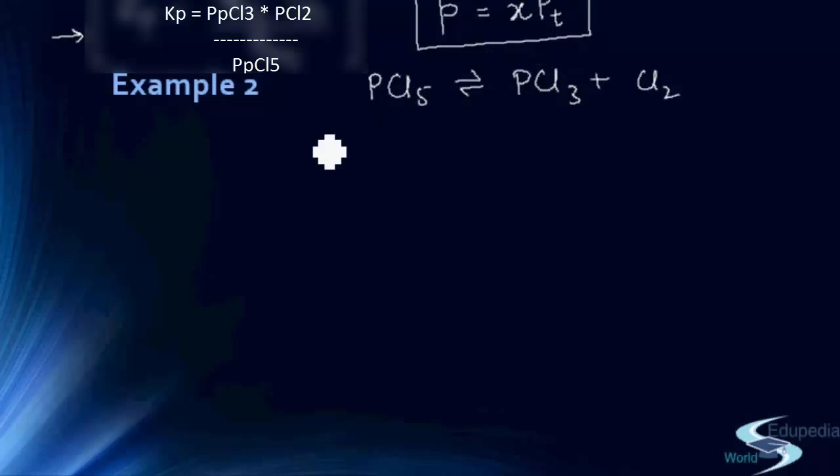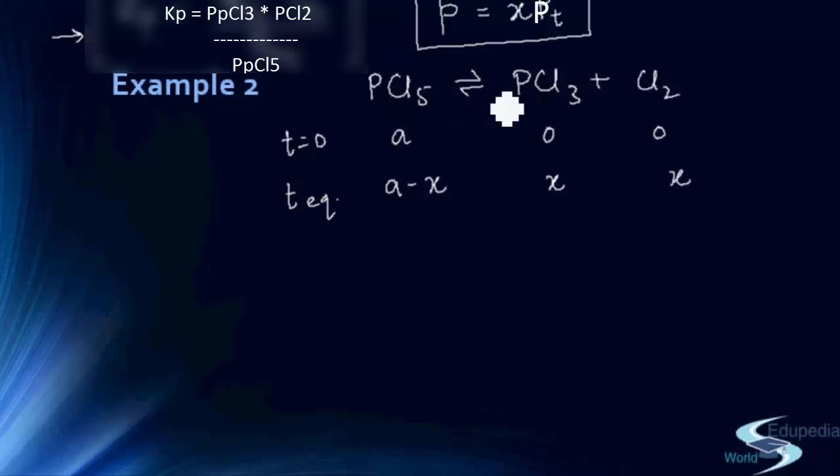So let's say that at t equal to 0, moles of PCl5 is a and that of products are 0 and 0. By the time equilibrium is achieved, moles of PCl5 left are a minus x. That means PCl3 and Cl2 formed are x and x. So I'm taking the stoichiometric coefficient ratio as molar ratio.